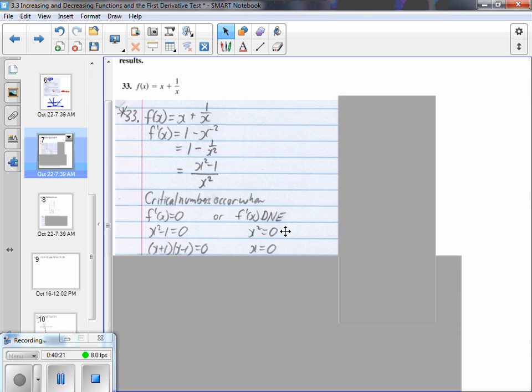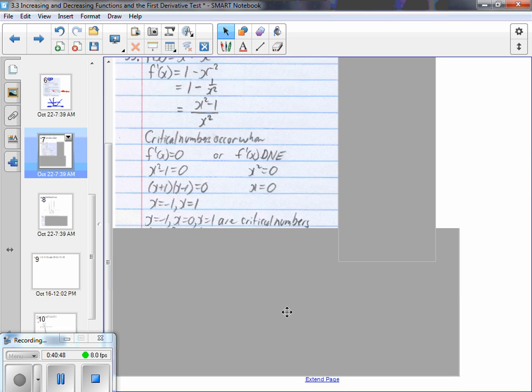The denominator equals 0. X squared equals 0. So, when the derivative equals 0, what two critical numbers do I come up with? 1 and negative 1. And when the derivative does not exist, what critical number do I come up with? 0. So all together then, negative 1, 0, and 1 are the critical numbers. So x equals negative 1, x equals 0, x equals 1 are critical numbers.